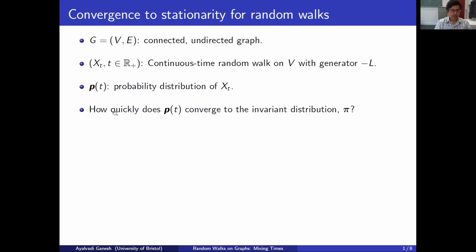Okay, and we want to ask the question, how quickly does this probability distribution of the location of the random walk at time t converge to its invariant distribution pi? We want to quantify this. We want to ask how quickly does the total variation distance between the distribution at time t and the invariant distribution tend to 0.